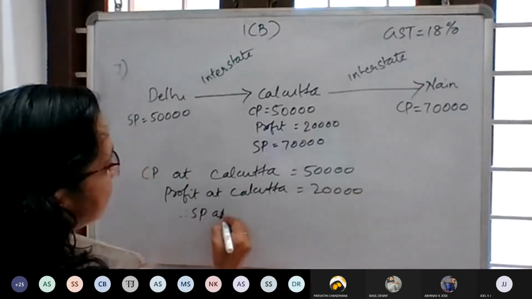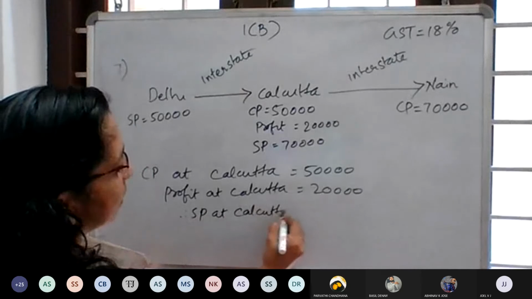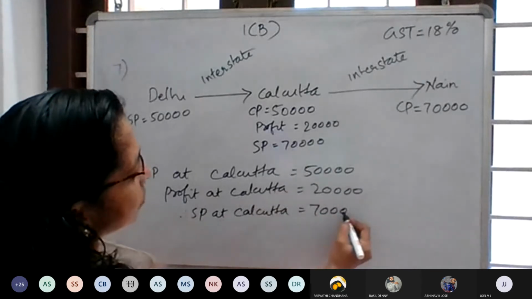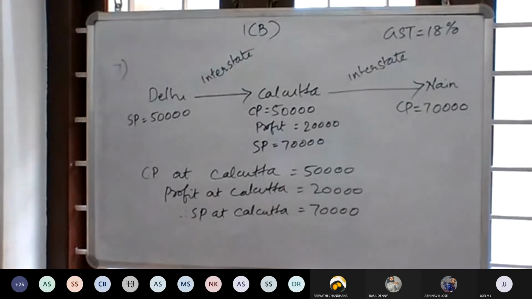Therefore, SP at Calcutta is equal to 50,000 plus 20,000, that is 70,000. So CP at Calcutta is 50,000, profit is given as 20,000, so SP at Calcutta is equal to CP plus profit. So it will be 70,000.